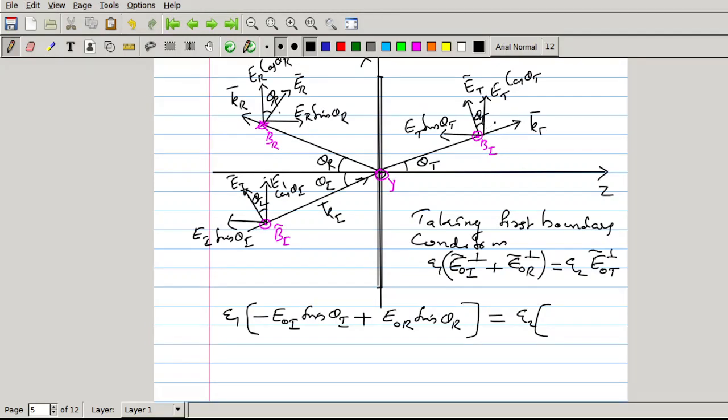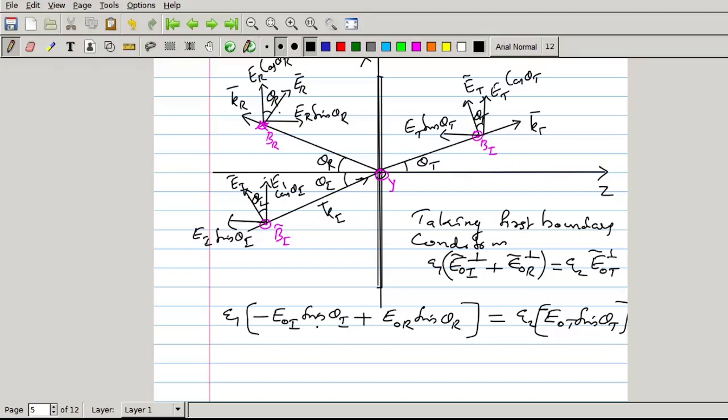is equal to epsilon 2 into E0T. Its perpendicular component is along the negative z direction, so it is E0T sin theta T, but with a minus sign, because E0T is along the negative z direction.